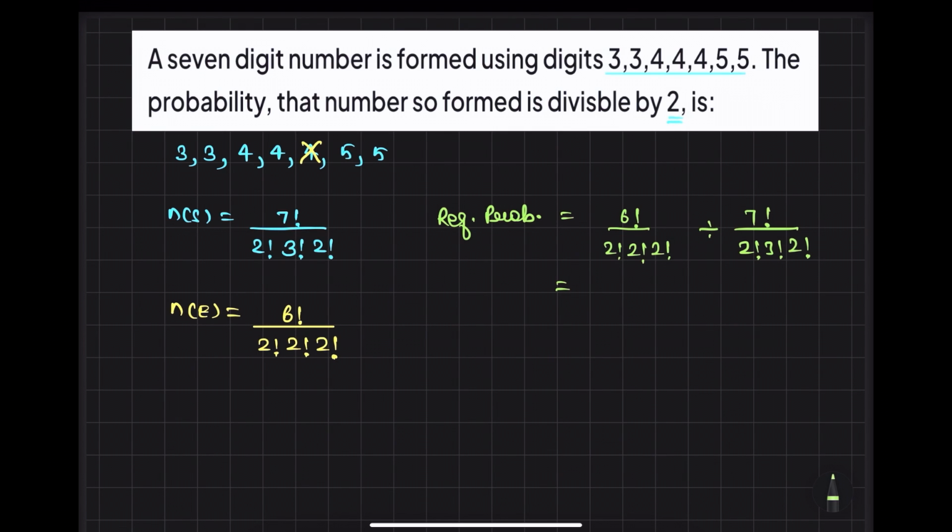Now you can do the reciprocal: 6 factorial, 2, 3, 2 multiplied, and then we have 7 factorial.